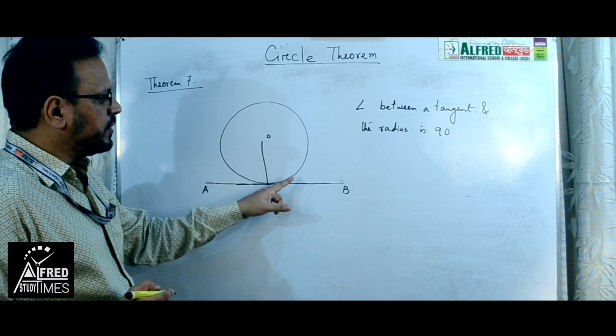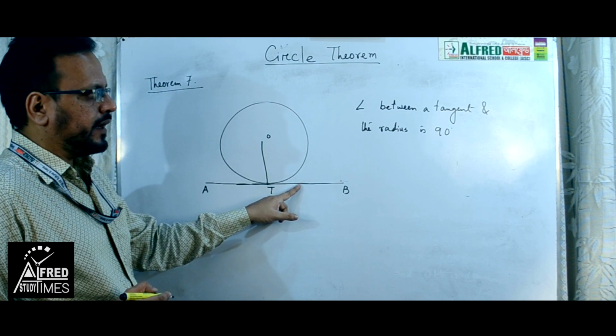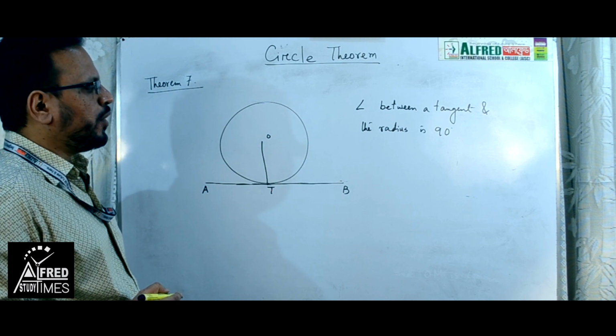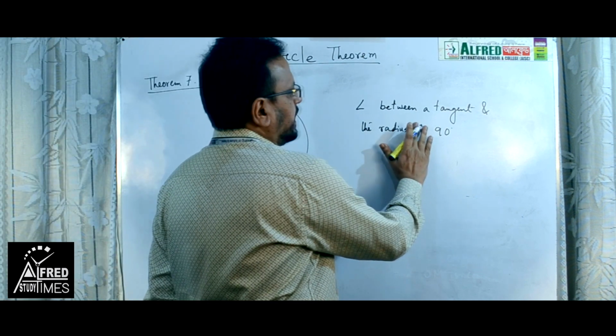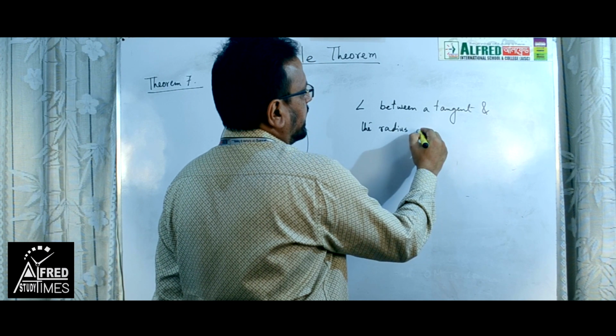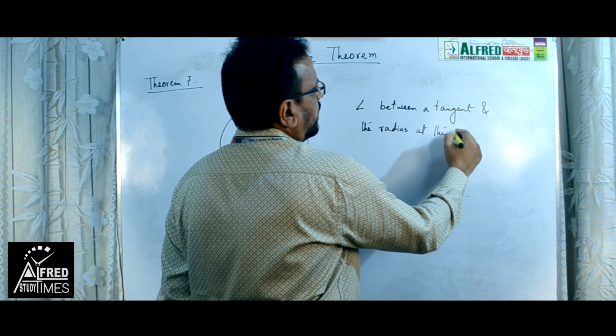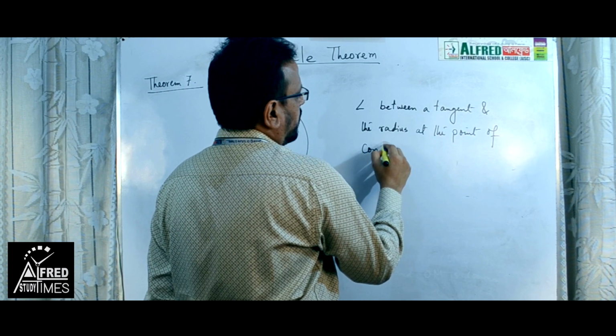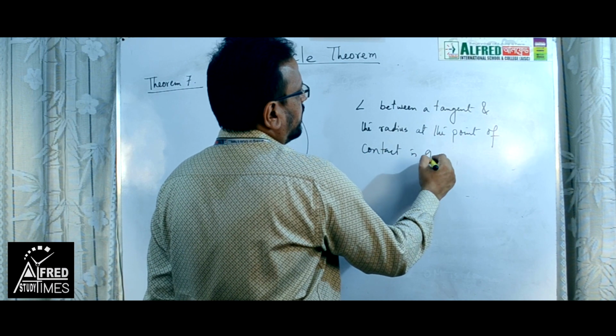If you join from O to this point, that is not a 90 degree. So the angle between tangent and radius, we should say at the point of contact is 90 degree.